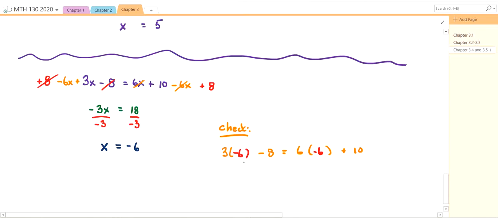So then I end up with minus 18 minus 8 should equal 6 times minus 6, which is minus 36, plus 10. So minus 36 plus 10 is minus 26. And minus 18 minus 8 is minus 26. So yes, it works.